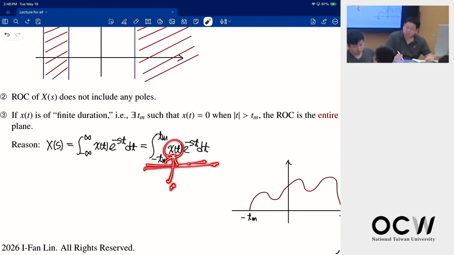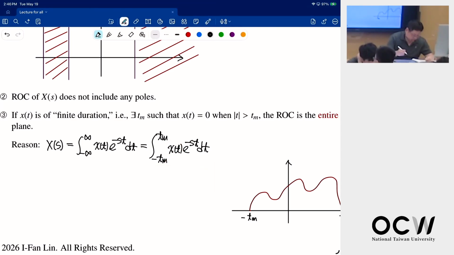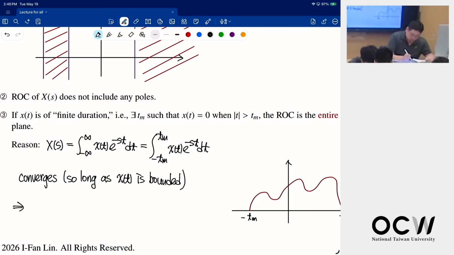If the signal is bounded, then it converges. So they will converge so long as x is bounded. So that's why the region of convergence is the entire S-plane.